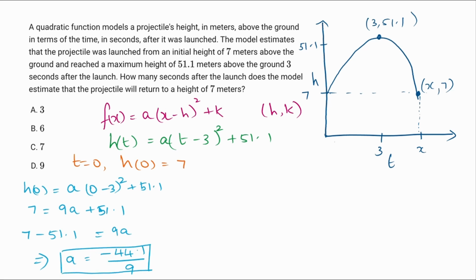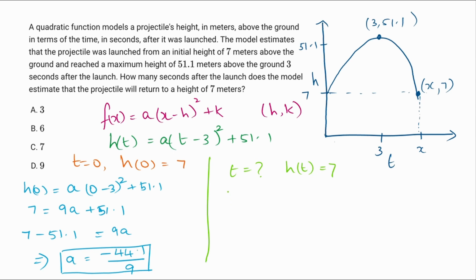So we need to find the time when the projectile will return back to its initial height after t seconds. That is, for some t, I need my h of t to be equal to 7. And now that we know our a value, let's plug in the values of h of t and a and solve for t.